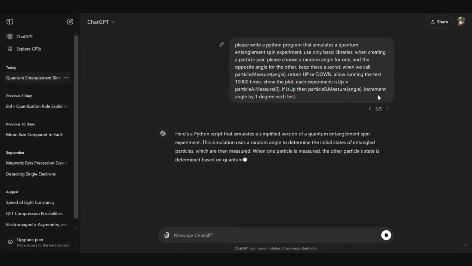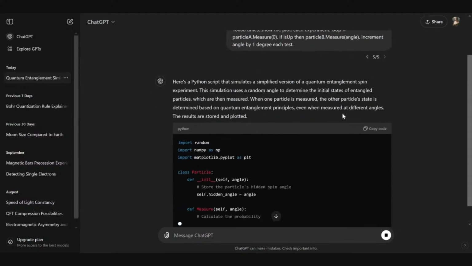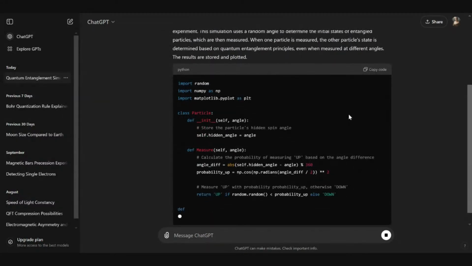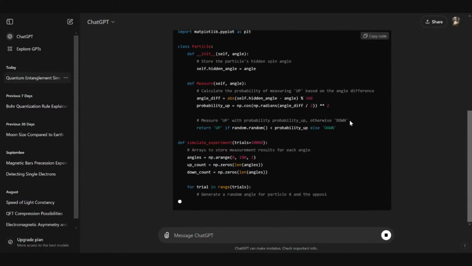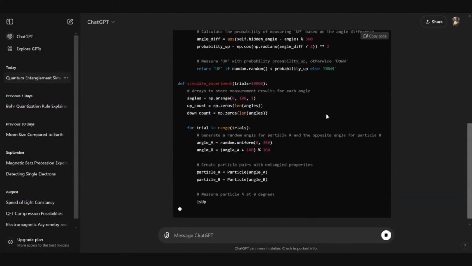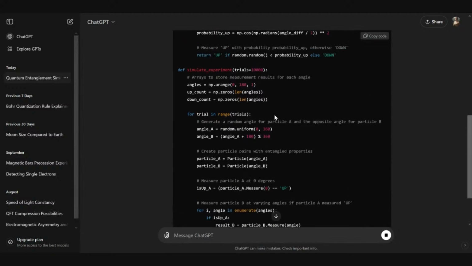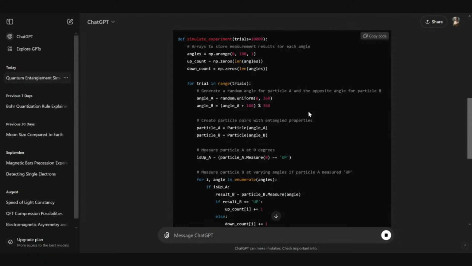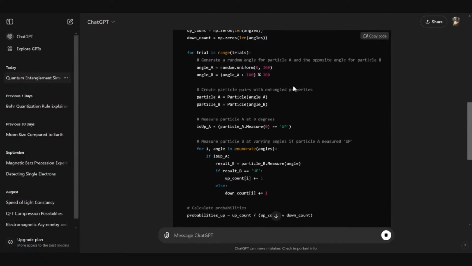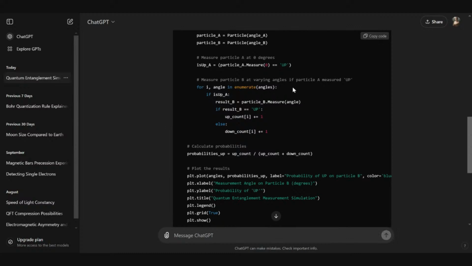Here's the Python. All right, let's see this. Up count, down count. Okay, trial. Then it runs. Angle, is up A. Result B, particle B measure.